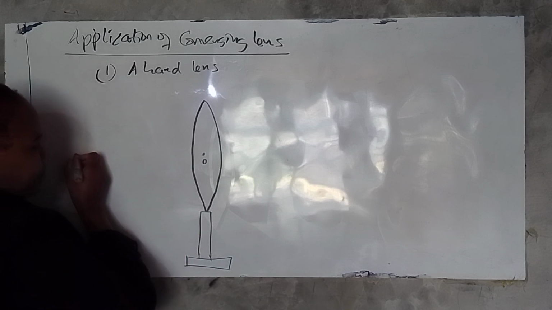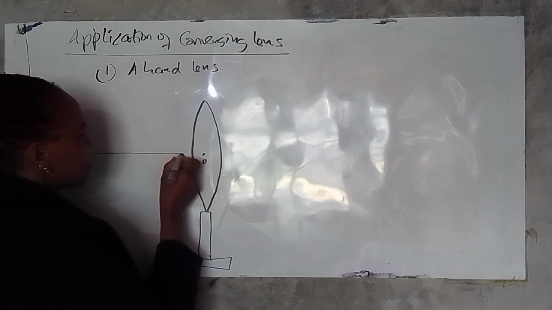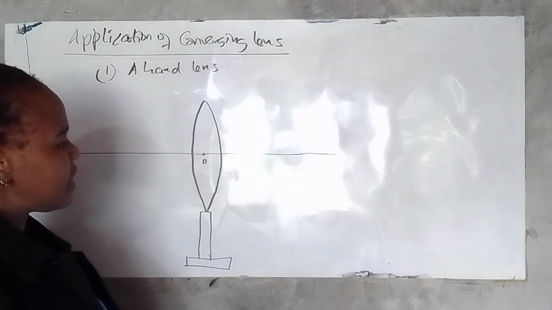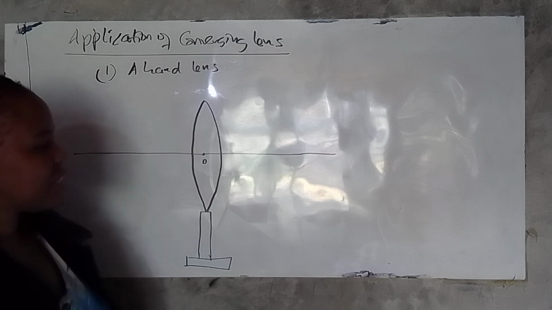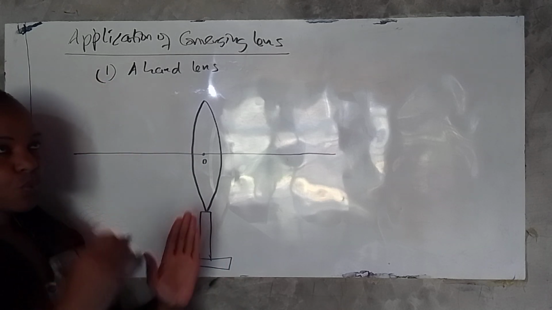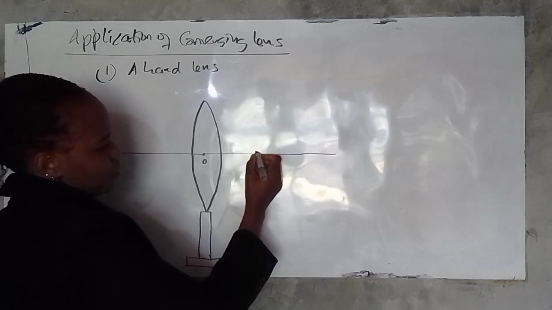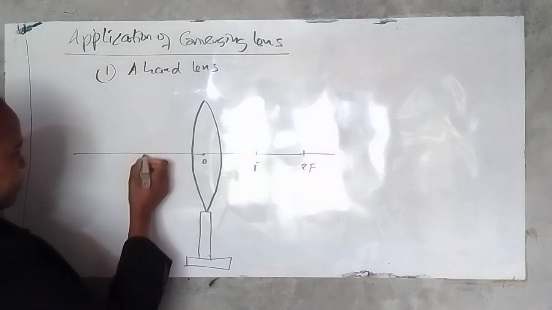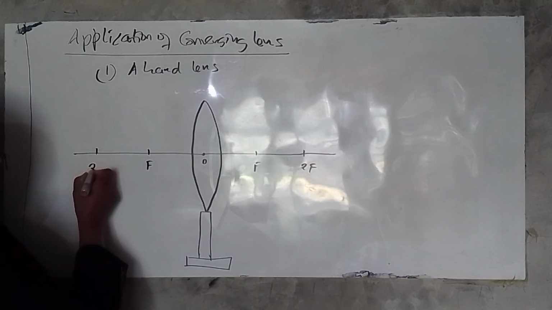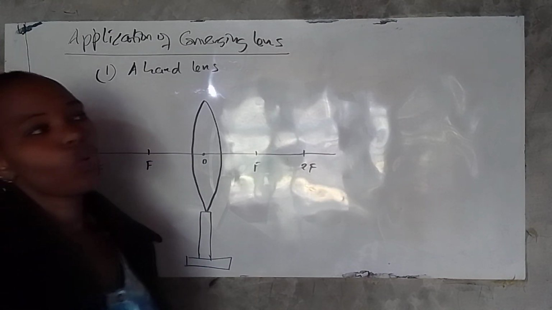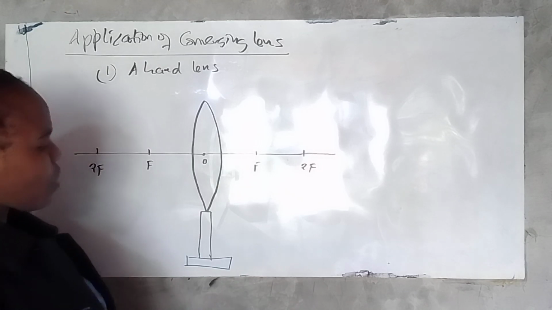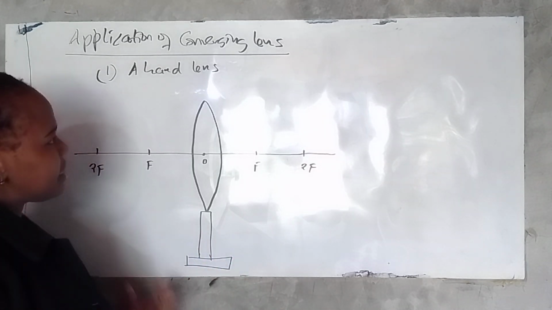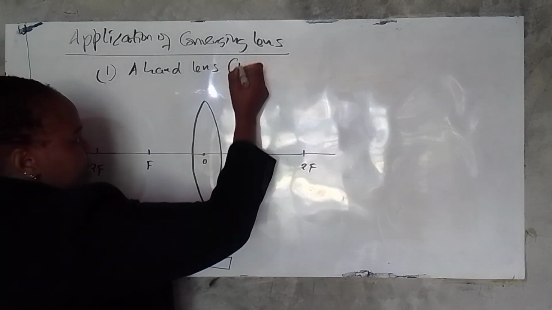Then you have the principal axis, which goes through the optical center and is perpendicular to the lens. Then of course you have F and 2F on both sides. So what did we say? We want to use a hand lens as a magnifying glass. A hand lens is used as a magnifying glass.